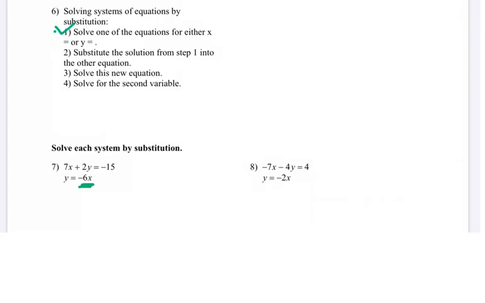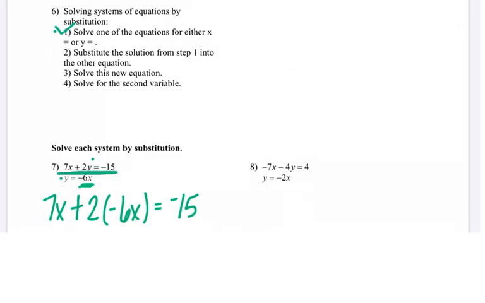So here is y in the other equation. When we sub in, it's going to go in the place of y. Okay, so everybody see right here? We just rewrote this first equation, but instead of y, we wrote negative 6x because it equals y.